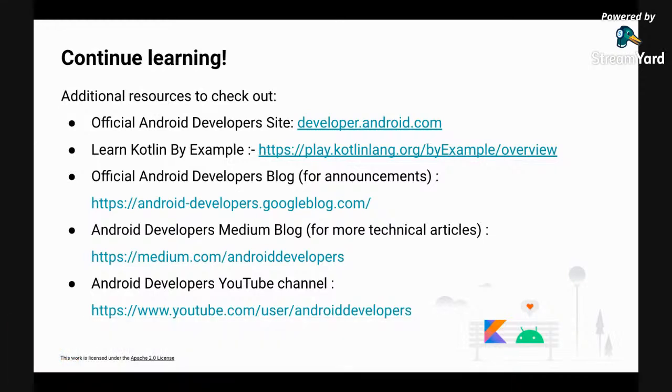Then after, you can also follow the Android Developers blog, and they have their own blog page, as well as you can check the blog of Android on Medium. And then you can also check out the YouTube channel of Android Developers. So take a screenshot of this page and use these links whenever you want. So over to you, sir.